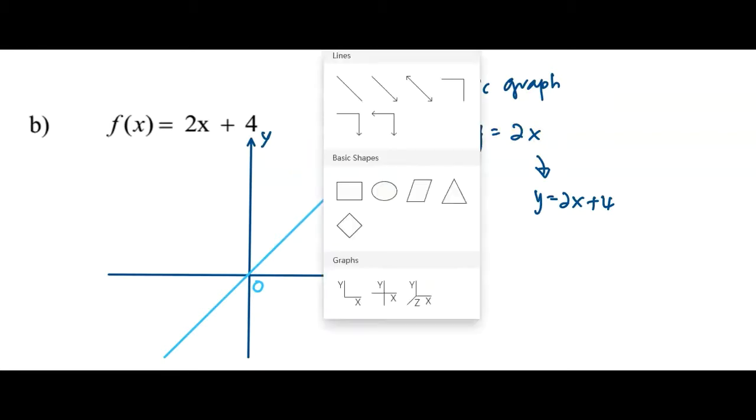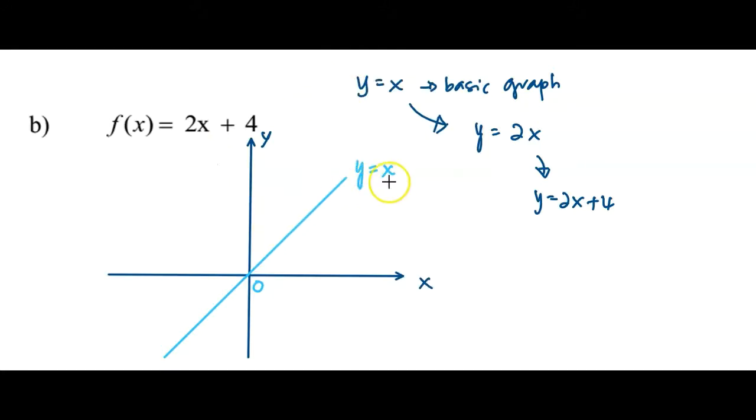We should sketch a linear line which is steeper than y equals x. The graph of y equals 2x will look something like this, and it also passes through the origin, just with a higher gradient compared to y equals x. After we have sketched y equals 2x, we can erase y equals x, leaving y equals 2x.